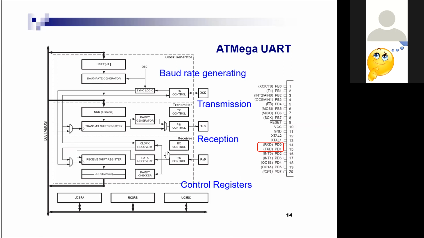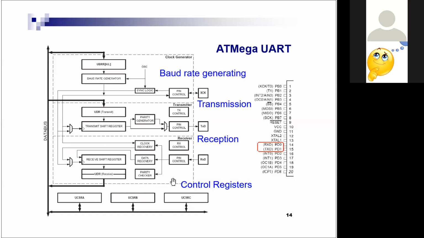After receiving the data, my data will be recovered, and I will also check the parity. And once again we will synchronize, even though it is a USART. Similarly, while I'm receiving the data, again we have a shift register where my serial data is converted into parallel, and then the control register is responsible for which mode I have to select, which kind of transmitting should be there, what my baud rate is.